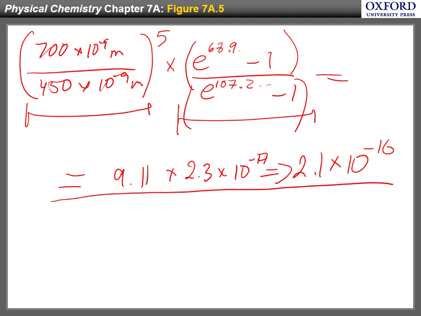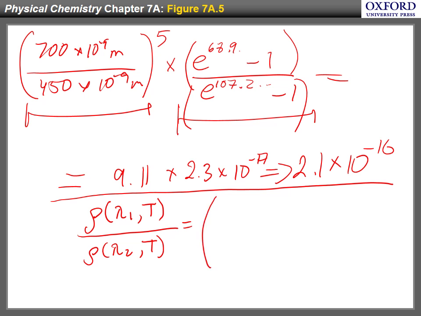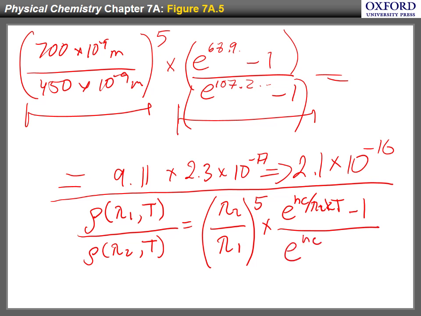And again, the overall formula is rho of lambda 1 at T divided by rho of lambda 2 at T equals the ratio of lambda 2 divided by lambda 1 to the fifth, times e to the hc divided by lambda 2 kT, minus 1, divided by e to the hc divided by lambda 1 kT, minus 1.